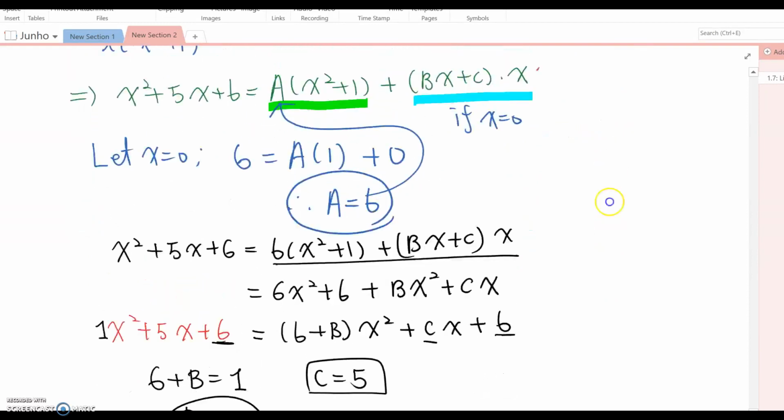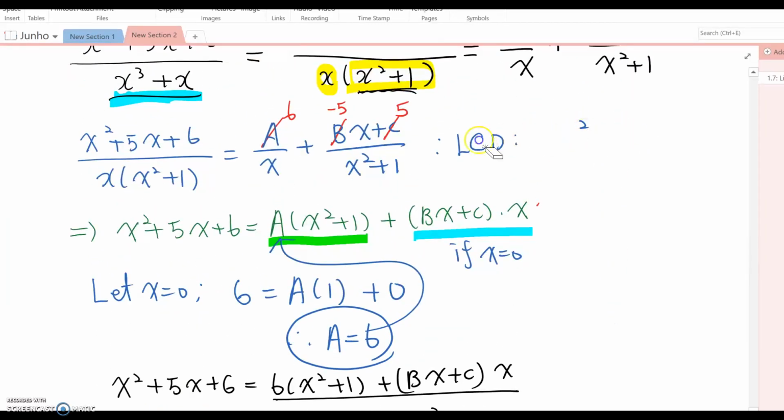Let me double check. Okay. Therefore, this decomposed function becomes 6 over x plus (negative 5x plus 5) over (x squared plus 1). That will be the answer.